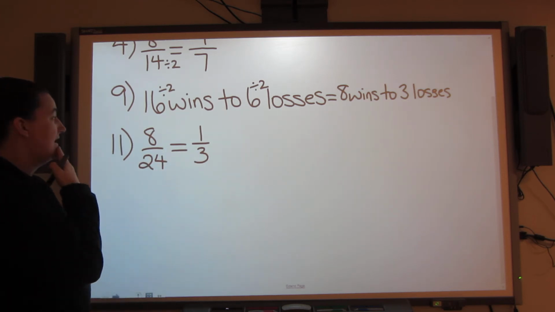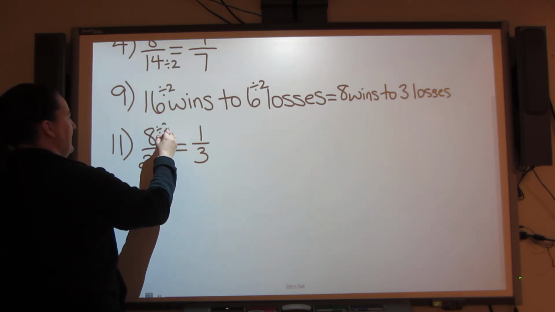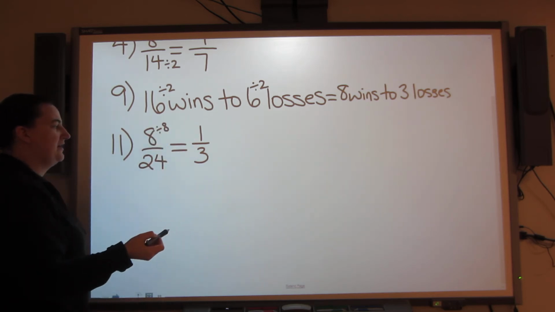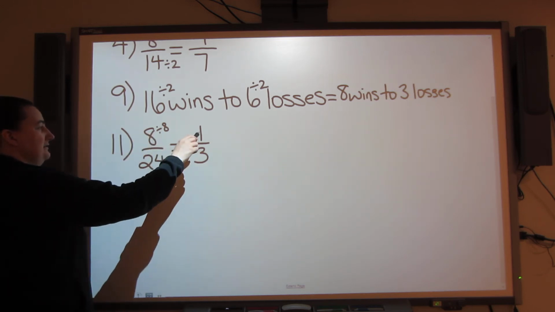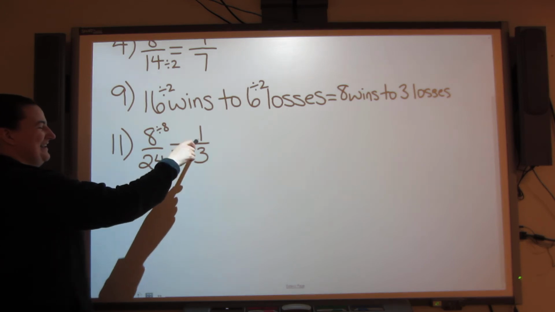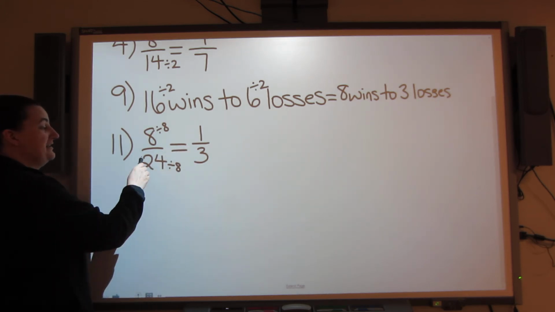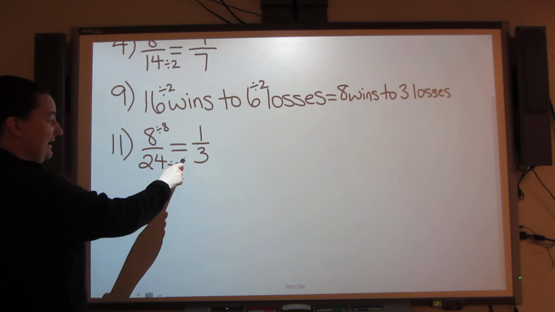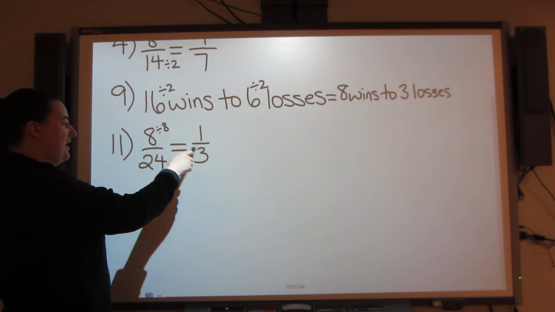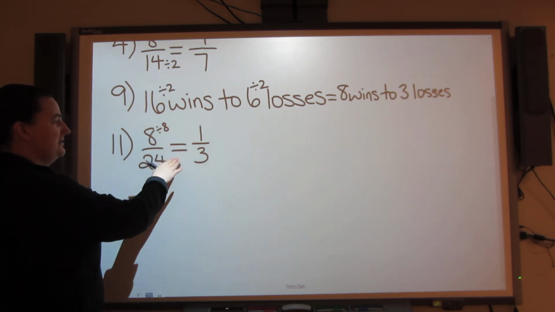So if I want to turn 8 into 1, I would have to divide by 8 to get 1. And whatever you do to the bottom, you have to do to the top. So is this a true statement? 24 divided by 8 is 3, so these are equivalent ratios. So you can leave the equal sign like that.